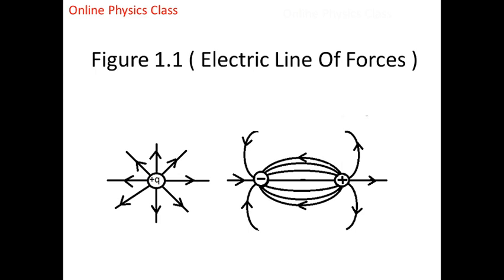First of all, we are taking a positive charge, as here. The electric lines of force of a positive charge always go away from the positive charge.